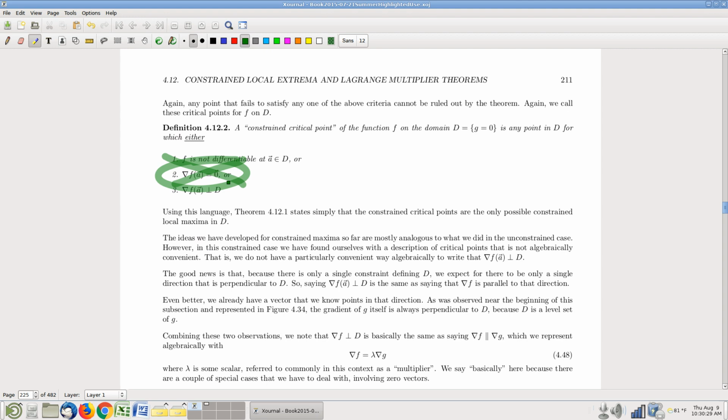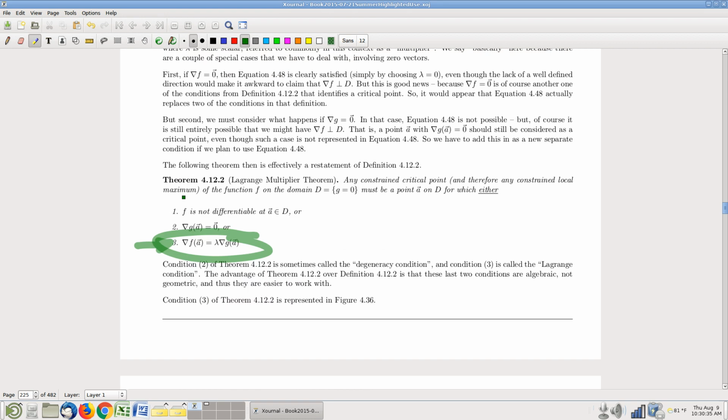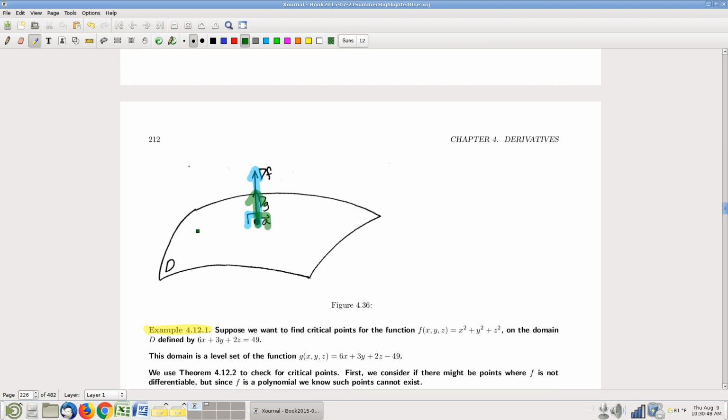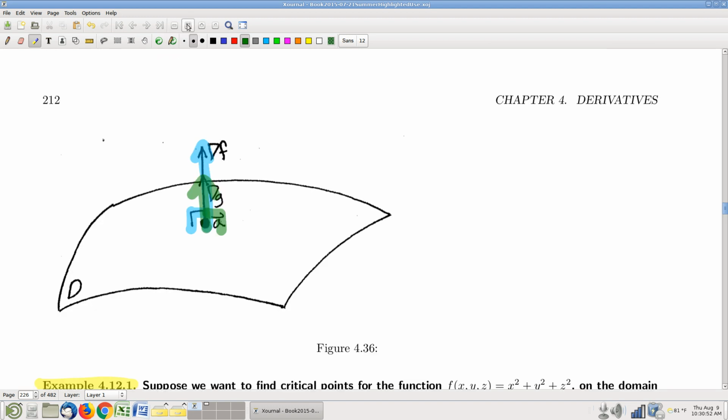So then you ask, well, then why do we have to include gradient of g being 0? Why is that something I need to worry about? Well, it's a little bit annoying, but when I drew this picture, I made an unfair assumption that does not always hold. I drew the gradient of g as a non-zero vector.